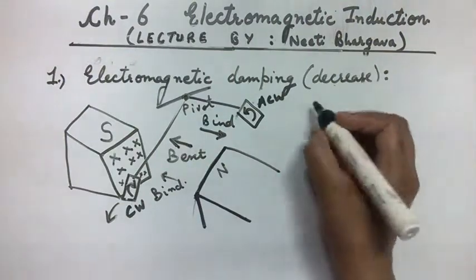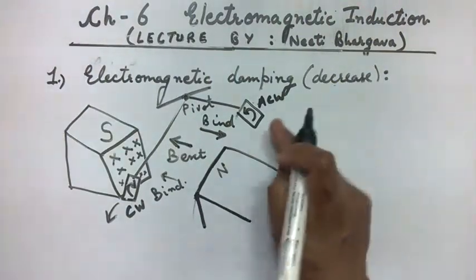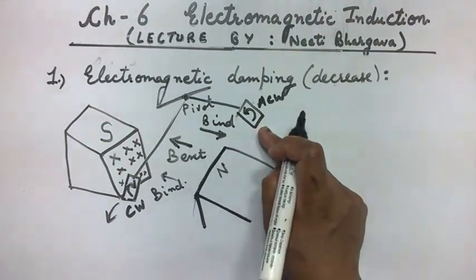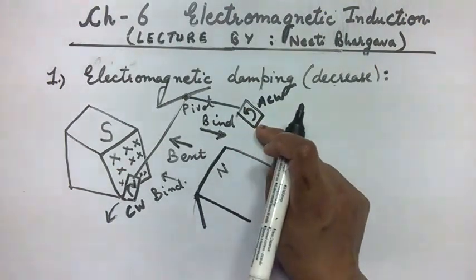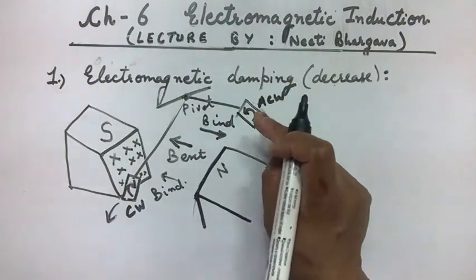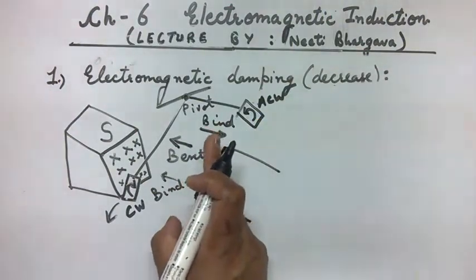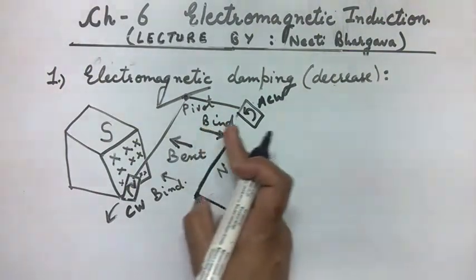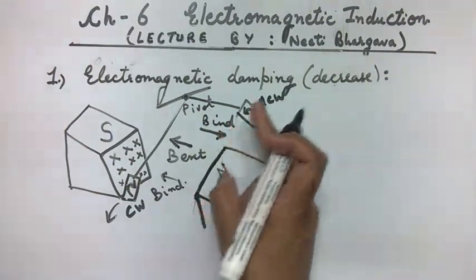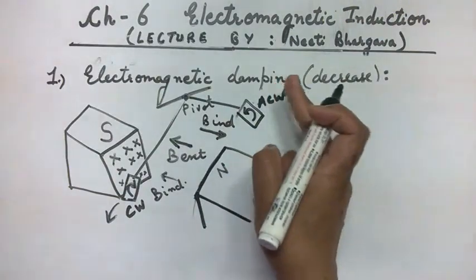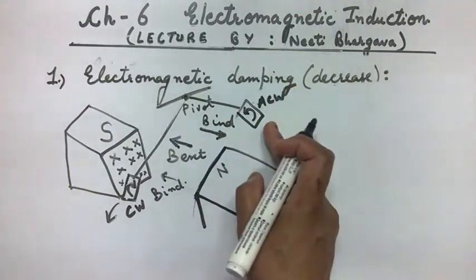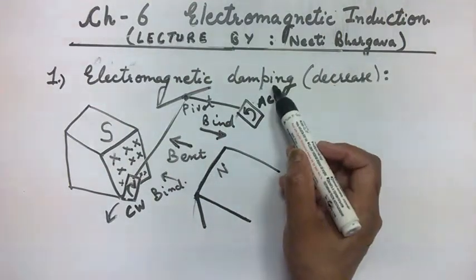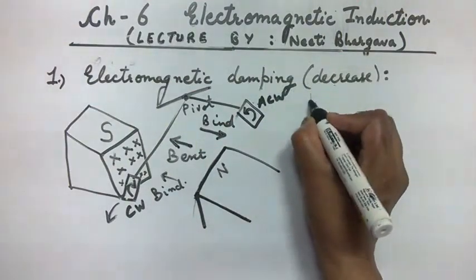As we know, the more the volume, the more the magnetic flux, and the more the magnetic flux, the more current is induced, so more eddy currents are there, and then there is more resistive force, that is Lenz's force, in the form of the induced magnetic field. And the more the induced magnetic field, the more the damping, and with more damping it will stop after some time. Therefore, to decrease this damping, we should decrease the volume.